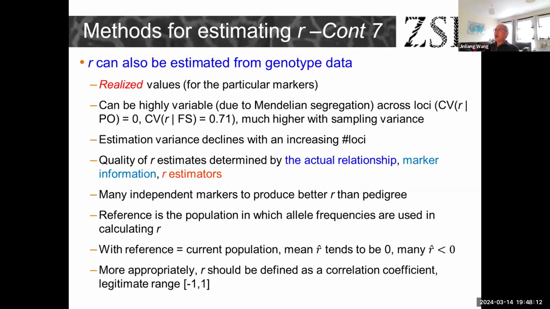If we use the ancestor population as the reference, ancestor quite a few generations in the past, then we would have a very low probability that a pair of individuals in the current sample has negative estimates of relatedness. So it's the reference problem.